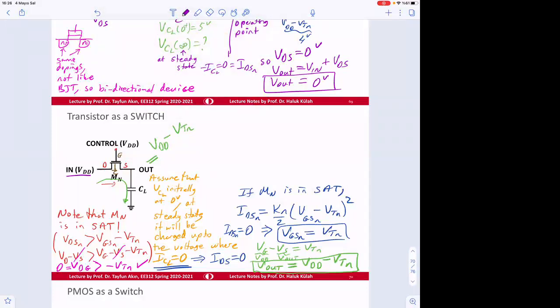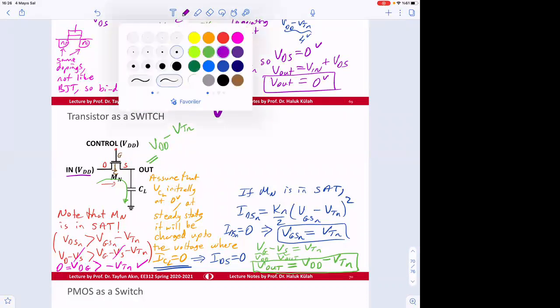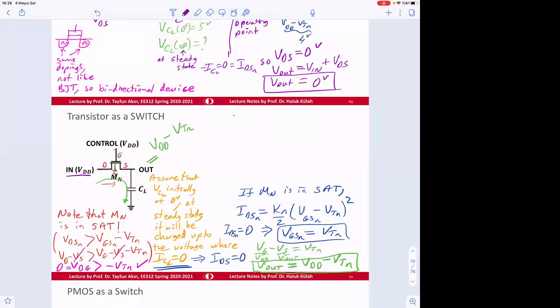So V in is equal to VDD. V out is equal to VDD minus Vtn. And Vtn is not equal to 1 volt here.